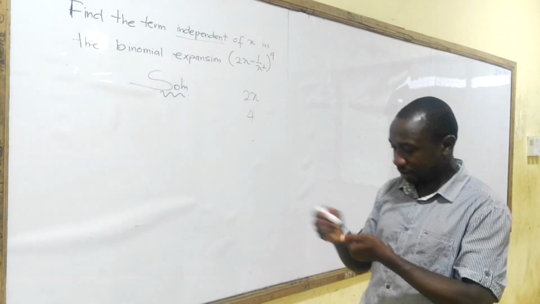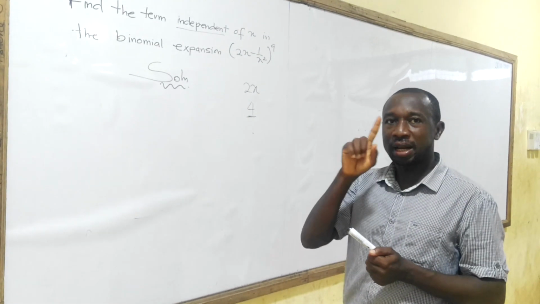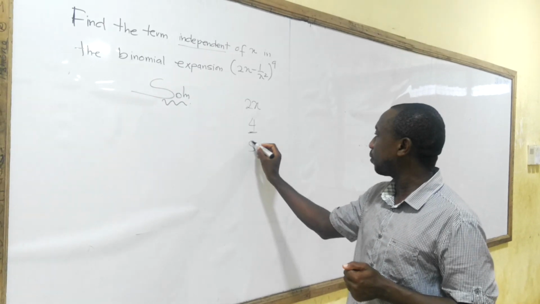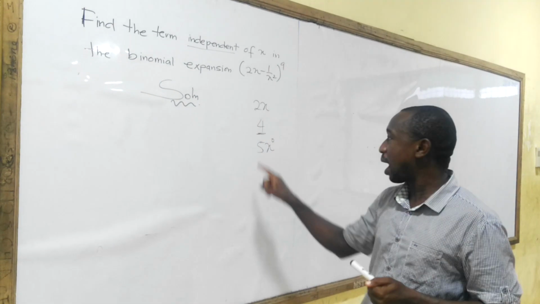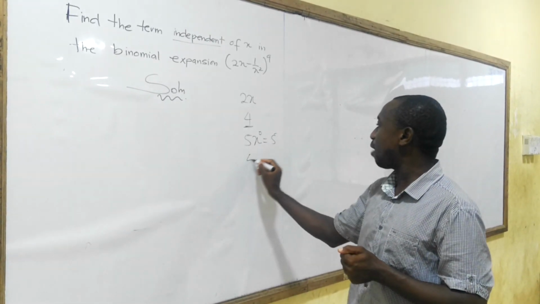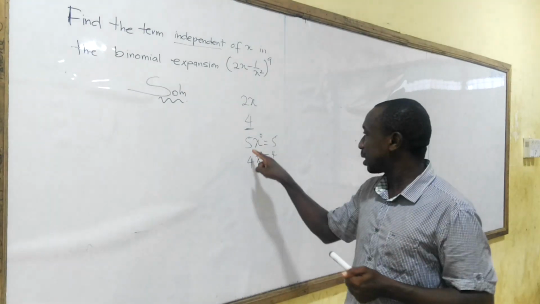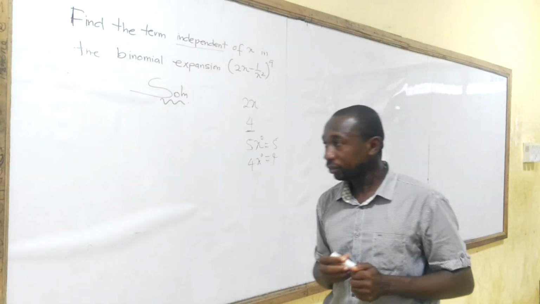So one thing that is clear is that any term that is independent of x is the same as 5x to the power 0. In other words, 5x to the power 0 is the same as 5. If I have 4x to the power 0, it's the same as 4. That means this particular term is independent of x.